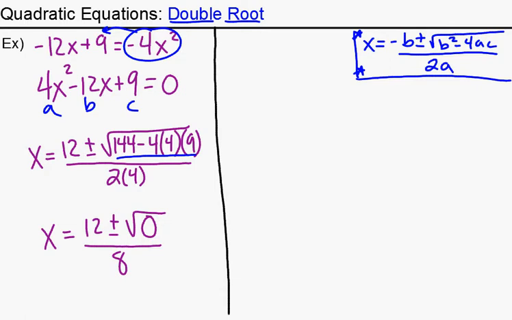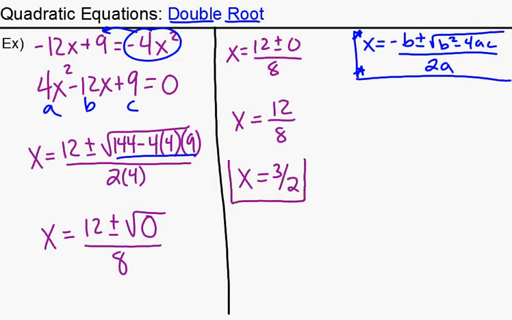And it's actually pretty nice because I know that the square root of 0 is 0, so I get 12 plus or minus 0 over 8. And I know in my head that when I add 0 or subtract 0, it doesn't make any difference whatsoever. So I just get x equals 12 over 8, or if I simplify, x is 3/2.